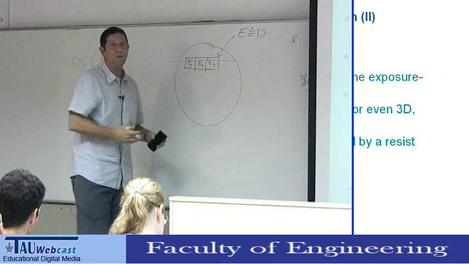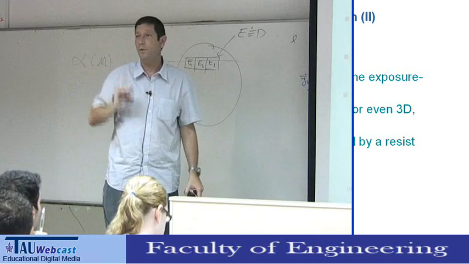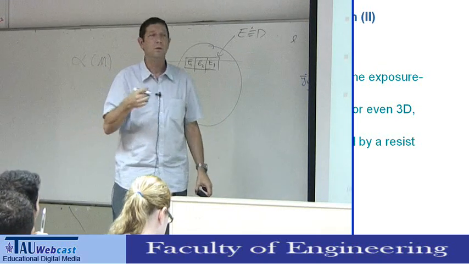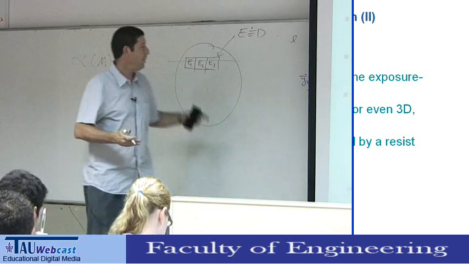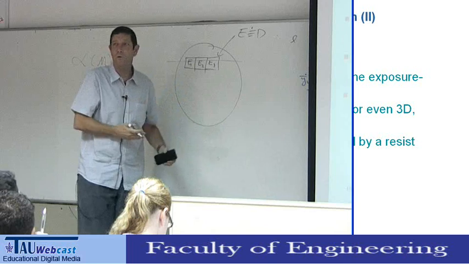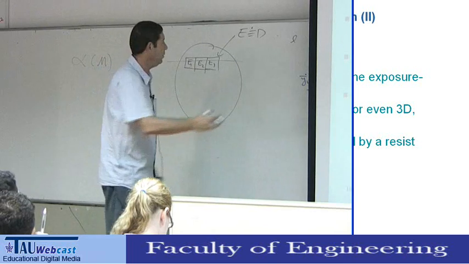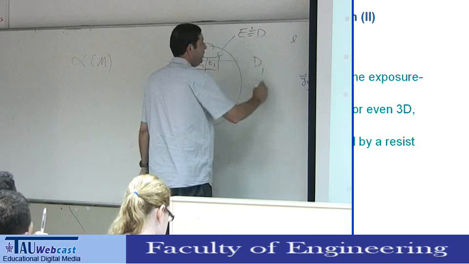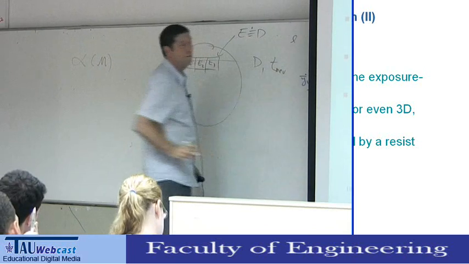Once you expose it at a certain exposure, you dip it in a developer. And the developer removes the exposed resist. So you can take a batch of your wafers, and every wafer you develop for a different time. So what do you vary? E, the dose, is a variable. Development time is a variable.